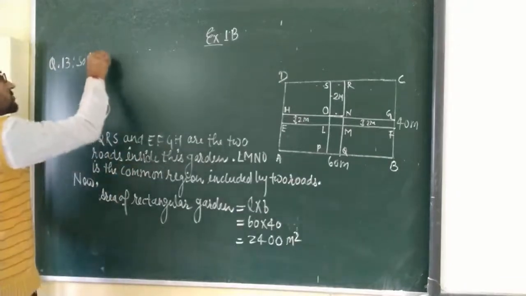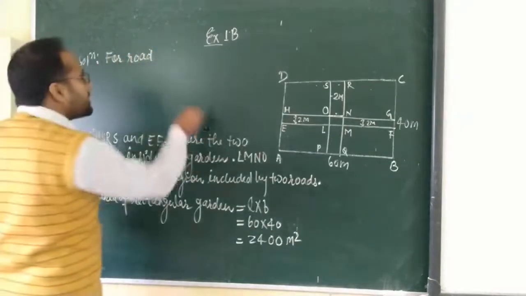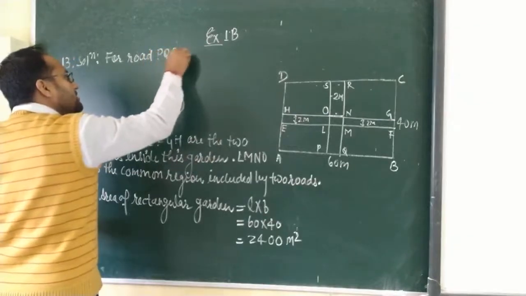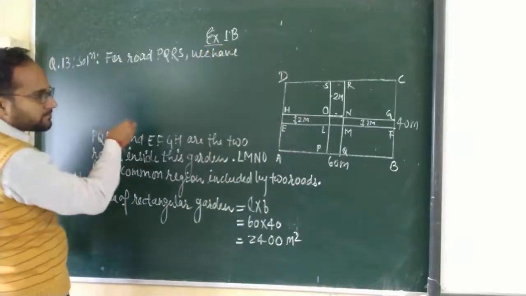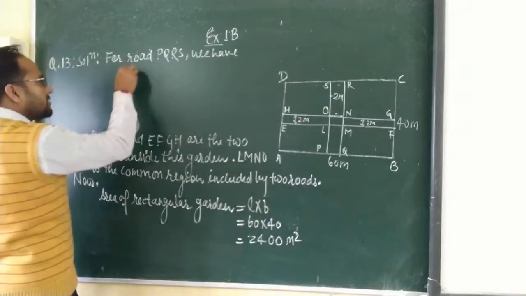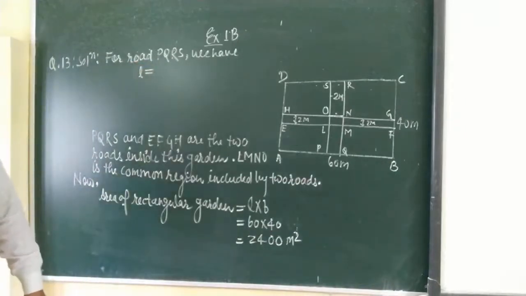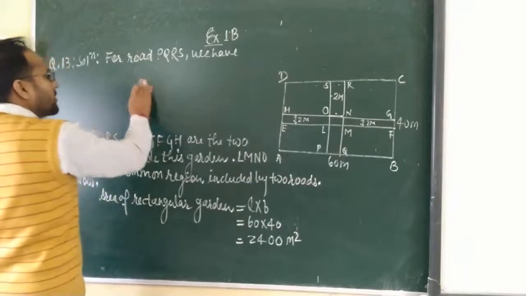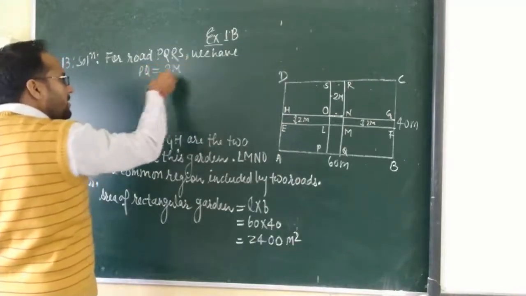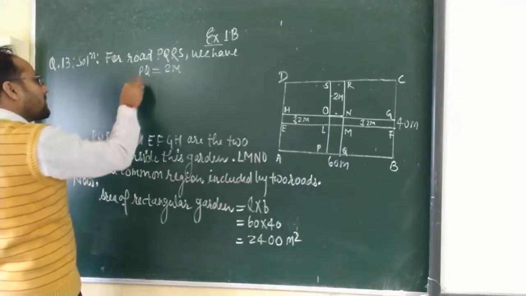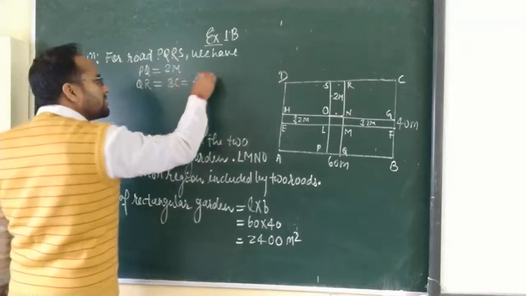Now for the first road, road PQRS, it is a rectangle, so PQ, meaning the width, is equal to 2 meter and QR is equal to BC, which is 40 meter.